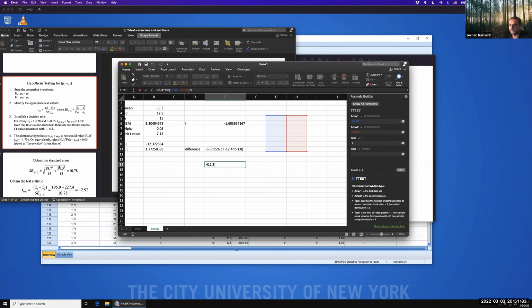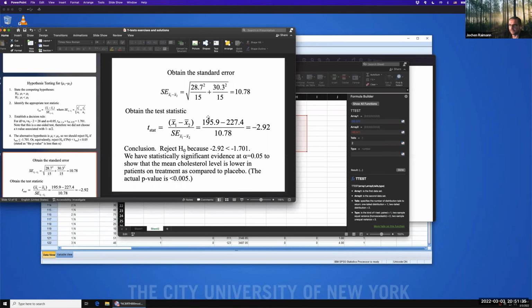Okay, so standard error. This is the formula for the standard error. You have the standard deviations from both of these samples. You divide them again by the sample size, in the same fashion, and this gives you the pooled standard error. Then you have the difference between both samples, and you divide it by the standard error.